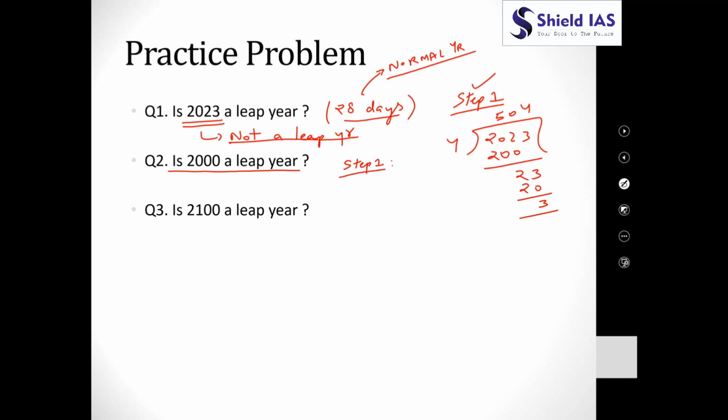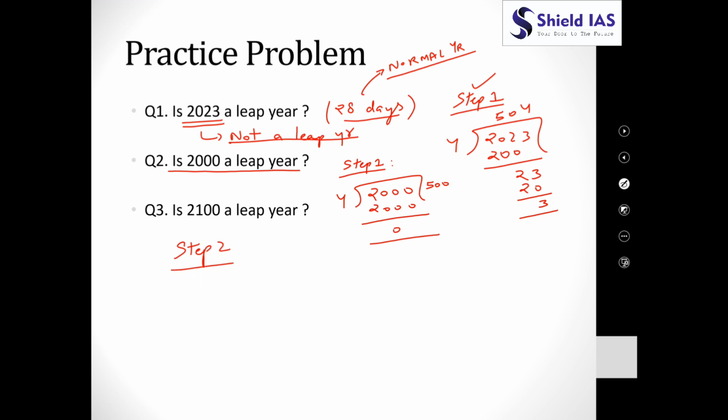In step 1, what will we do? We will check whether a particular year is divisible by 4 or not. We can directly see that yes, 2000 is divisible by 4. If 2000 is divisible by 4, can we say that it is a leap year? No. We have to go to step 2.